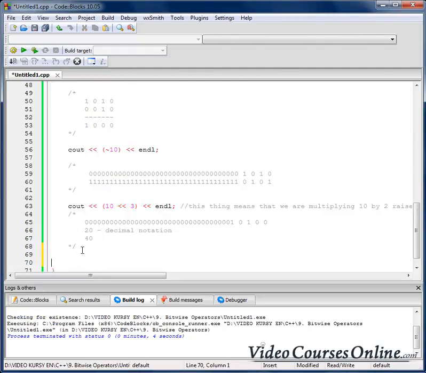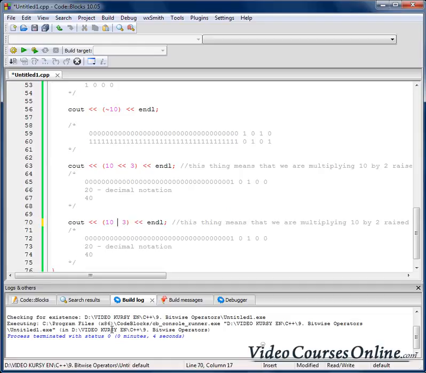Okay, so if I do it the other way, so that we are dividing 10 by 2 raised to something, let's divide by 2 raised to the power of 1. So I am dividing 10 by 2, so the result should be 5. This time we are moving it the other way, so this will be changed to 0, 1, 0, 1.